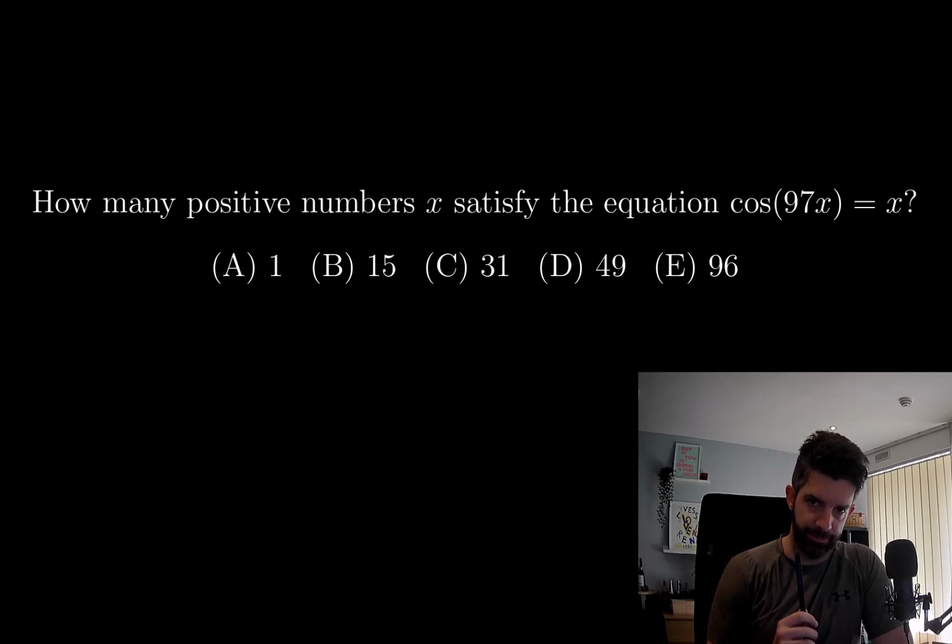Oh, the answer is going to be 1, isn't it? Well, no, maybe not. We're only looking at positive values of x, and of course we know that the cosine function only takes values between 0 and 1. So I really only care about values of x between 0 and 1.